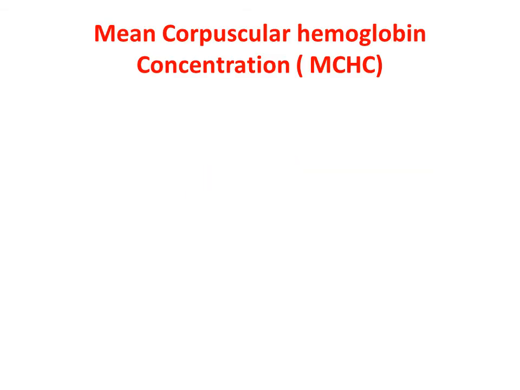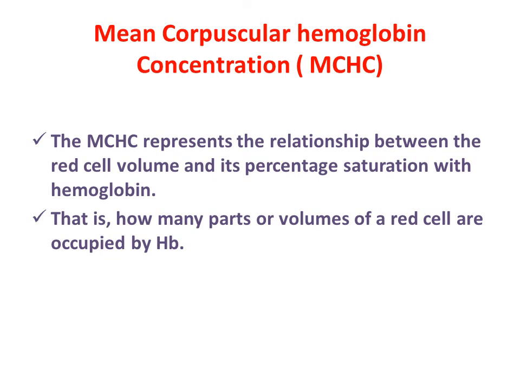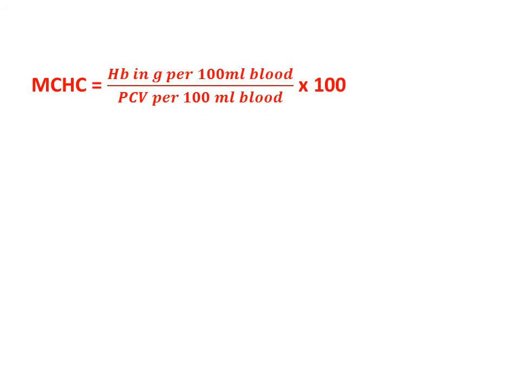Mean corpuscular hemoglobin concentration or MCHC. The MCHC represents the relationship between the red cell volume and its percentage saturation with hemoglobin. That is, how many parts or volumes of a red cell are occupied by hemoglobin. MCHC is expressed as hemoglobin in gram per 100 ml of blood into 100 divided by PCV per 100 milliliter of blood.